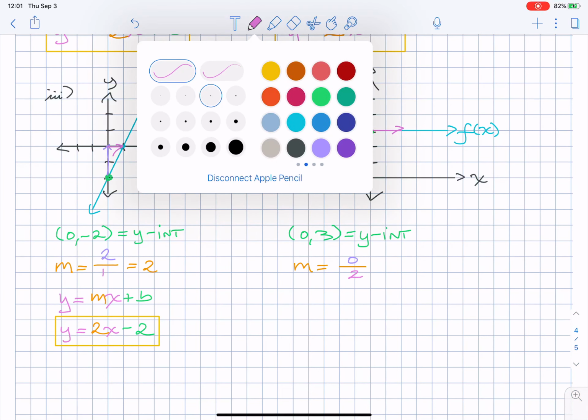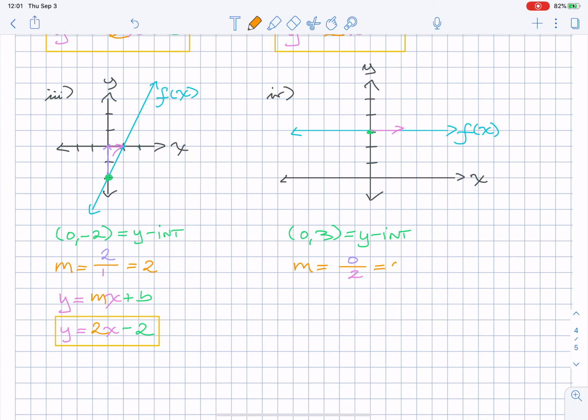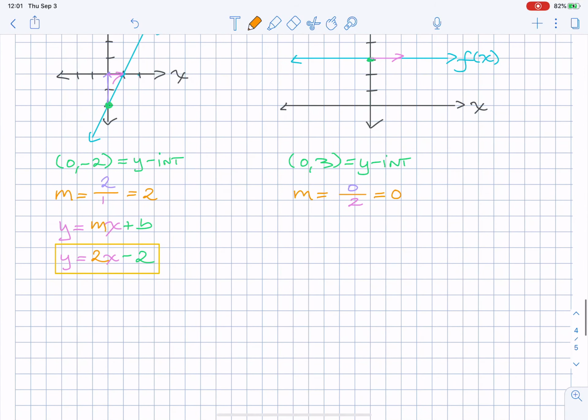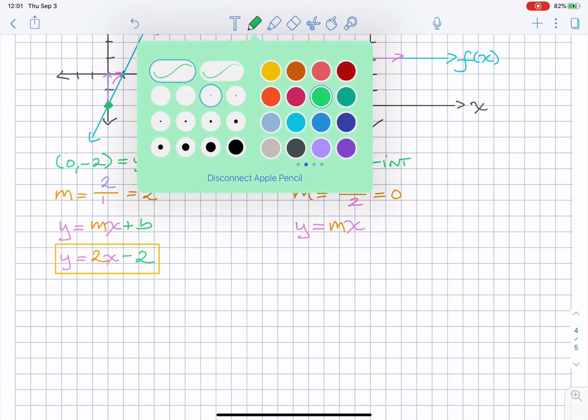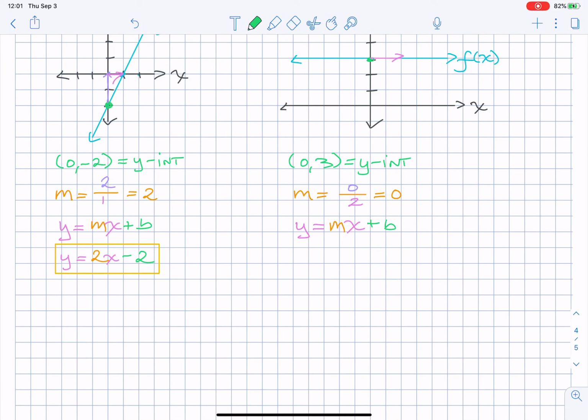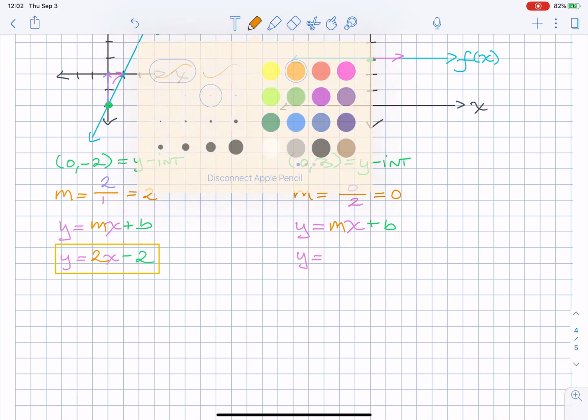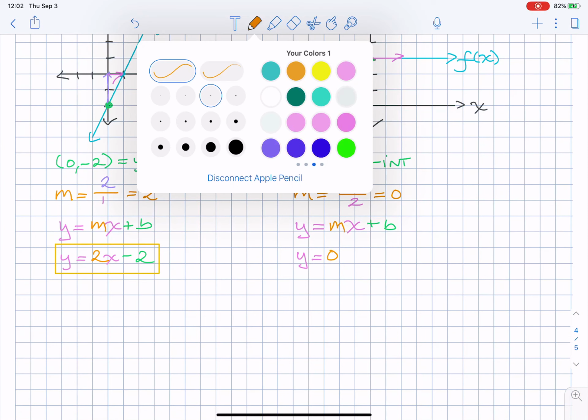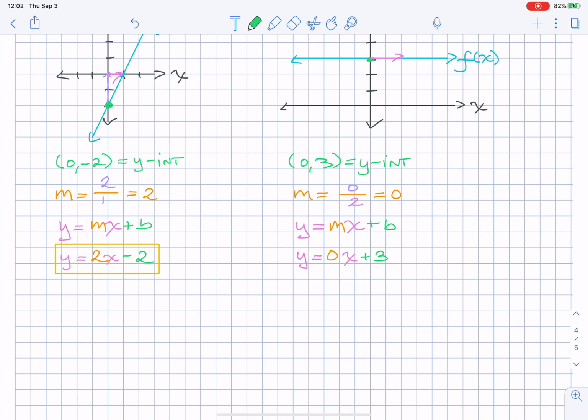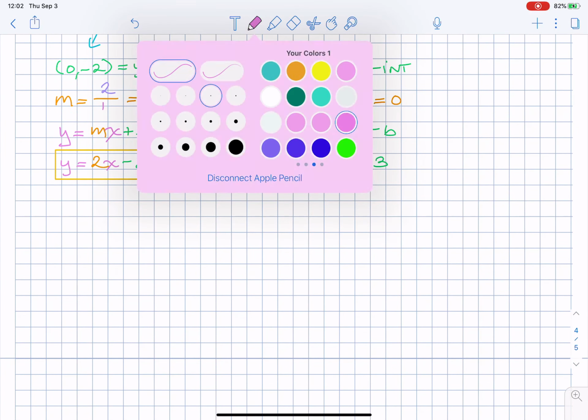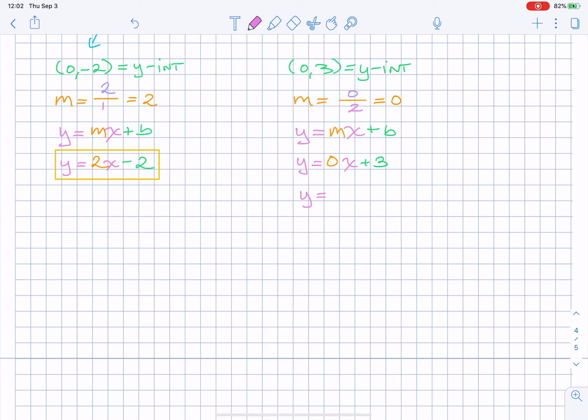Doesn't matter how far you run, because as long as there's 0 in the numerator, the slope is 0. So now, if we have y is equal to mx plus b, we get that y is equal to 0 times x plus 3, which simplifies to y is equal to 3.